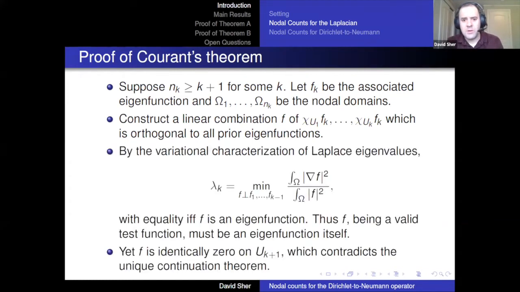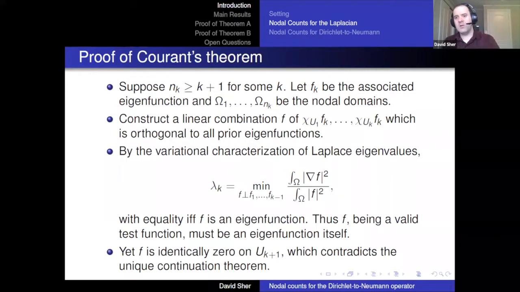And then you use this as a test function in the Rayleigh quotient. We know that by the variational characterization, lambda_k is the minimum among all f which are perpendicular to the first k minus 1 eigenfunctions of the integral of the gradient squared over the integral of the function squared. And moreover, we have equality if and only if f is an eigenfunction. And in this case, by direct computation, we have equality.